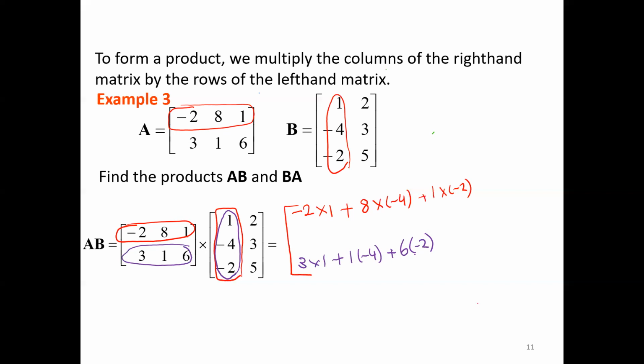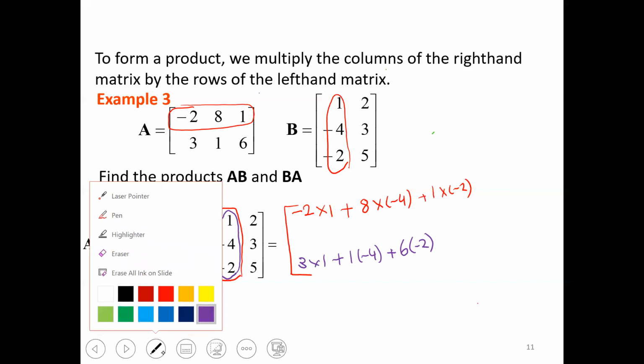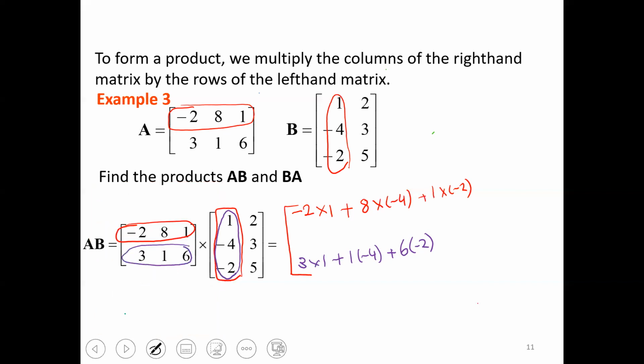And for the next value, I will take again the first row and multiply it with this column.